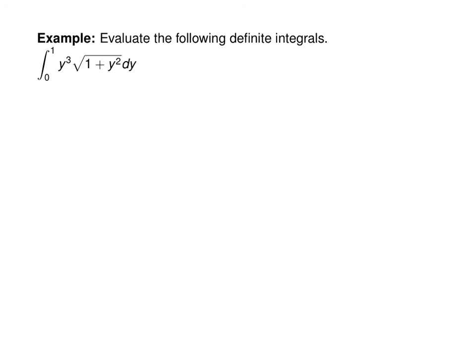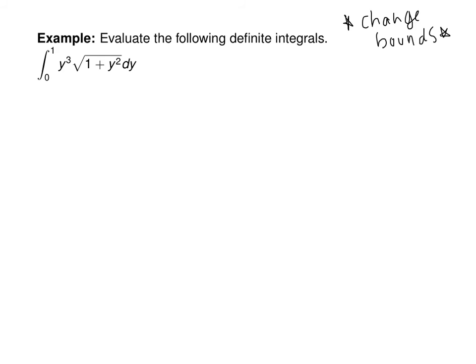Thus far, all the examples that we've had of u substitutions have been indefinite integrals. This one is a definite integral with those numbers 0 and 1. So what we have to do here is change your bounds. Right now, they're bounds on y.